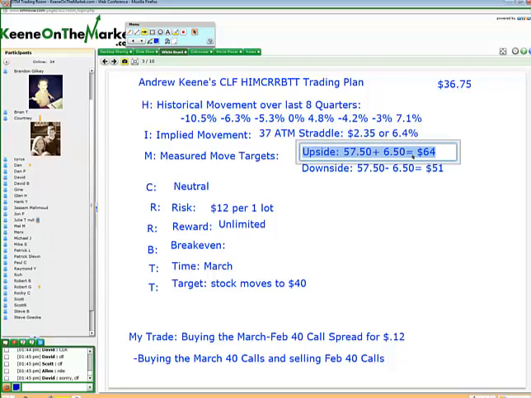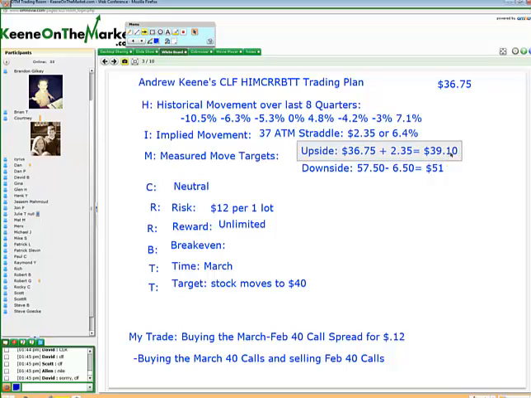I'm going to have an upside measure move target and a downside measure move target. So my upside measure move target is $36.75 plus that $2.35, which gets me at $39.10.